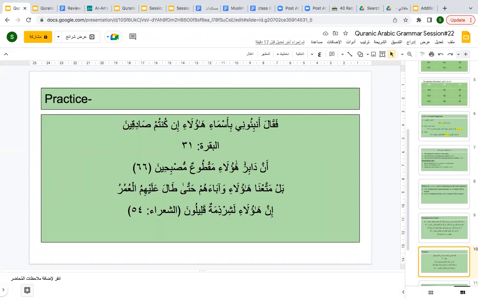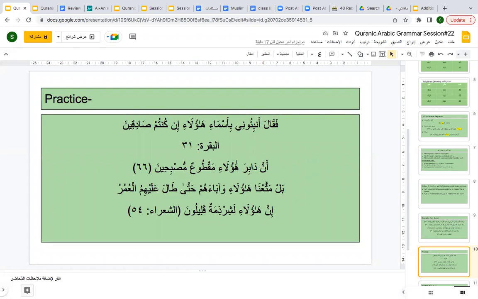Dabira haulai, root of these. Dabir means root, right? Dabira was light, no alif lam, followed by an ism that could be jar, so we will consider it jar. So it's also majroor because it is mudaf ilayhi of dabir. What is happening here? Anna dabira. Nasab mansub, harf of nasab, wa ismuha.